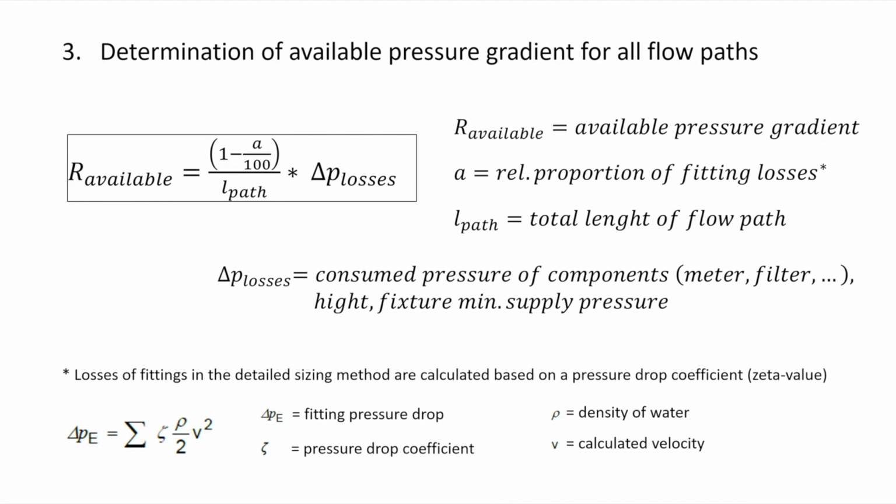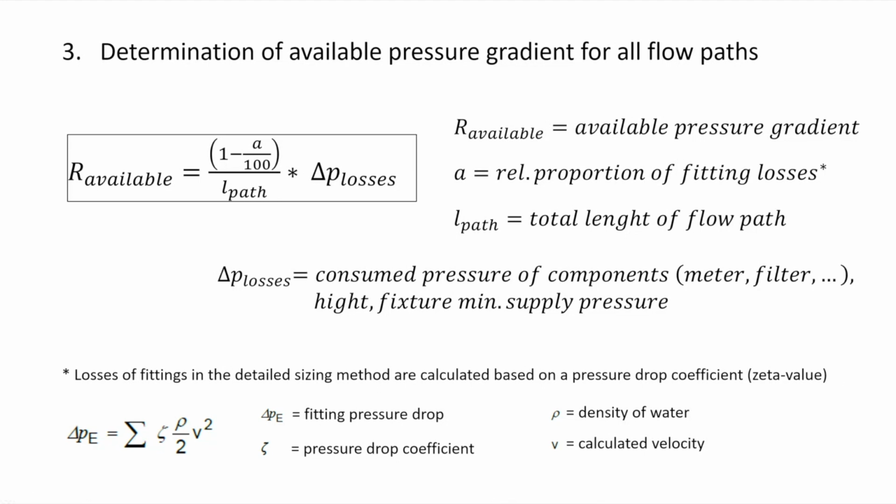This is calculated according to this function. We are taking into account the relative proportion of fitting losses as a start, for private houses, for example. But for public buildings and bigger buildings, we have to take into account not just a percentage or a relative proportion.